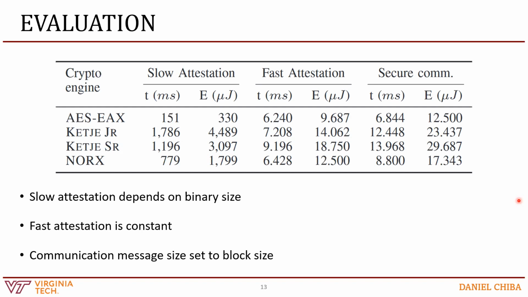So this table shows both time and energy consumption for each of the three services provided by SIA. Now, slow attestation depends on binary size, and so you see that showing up in the numbers here. Whereas fast attestation is constant.